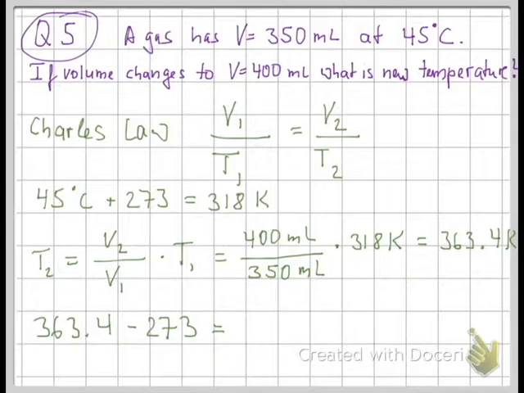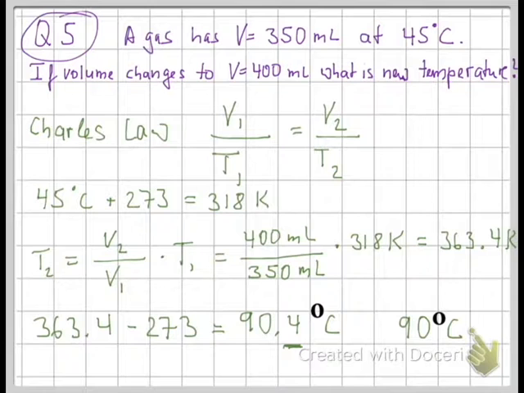And if you subtract this, I believe, let's see, minus 273 equals 90.4 Celsius, but we cannot support that decimal, and our final answer would actually be 90 degrees Celsius.